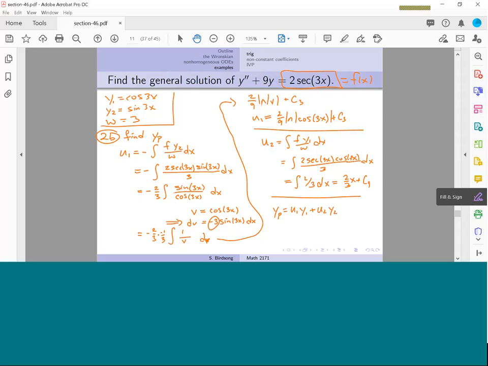So if we put this in, u1 is 2/9 natural log of cosine 3x, I forgot the C3, all multiplied by cosine 3x. And then u2 was 2/3 x plus C4, times sine of 3x.